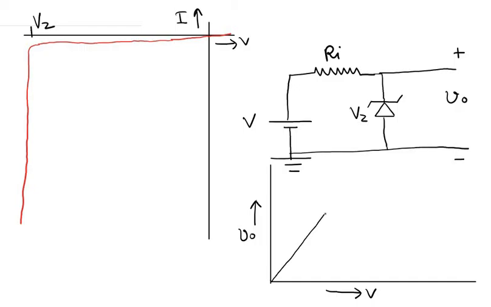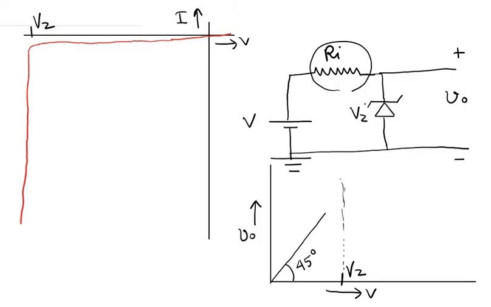Now somewhere here let us consider the breakdown voltage of this Zener diode. This point, let us call it Vz. This slope is 45-degree because, as I said, no current is flowing through this diode, so no voltage drop appears across this resistor.